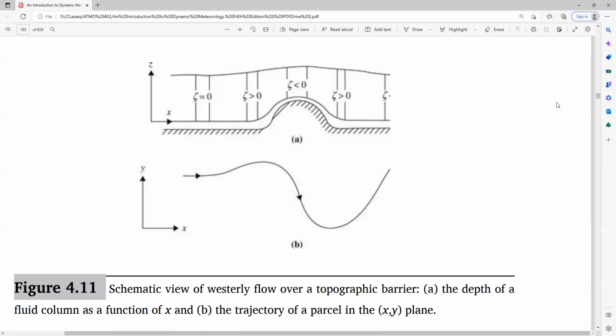So when you move here, it stretches a little bit as it encounters the mountain, so it spins faster. So vorticity increases, which means you get cyclonic curvature. You curve to the north. But as you curve to the north, what happens?